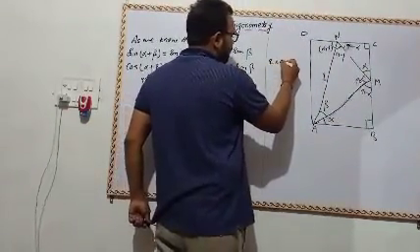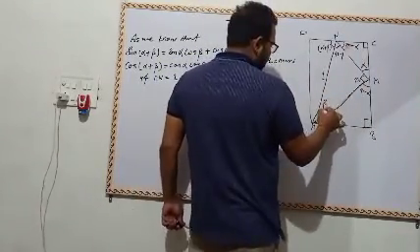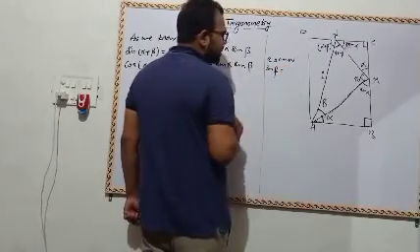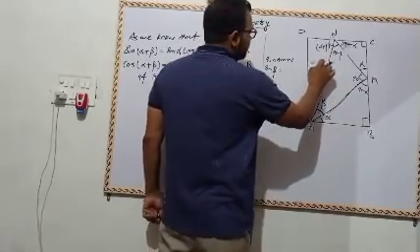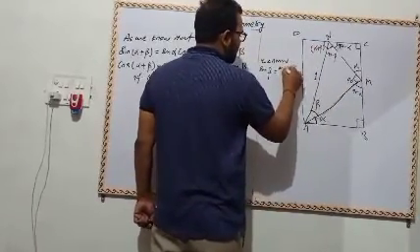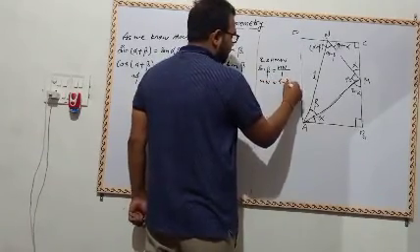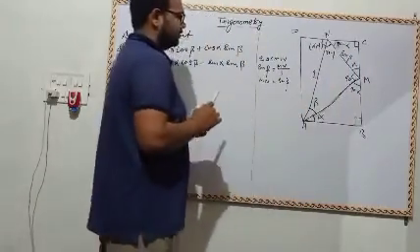In triangle AMN, sine beta. Sine beta means perpendicular by hypotenuse, means MN by 1. It means MN is equal to sine beta. It will become sine beta.